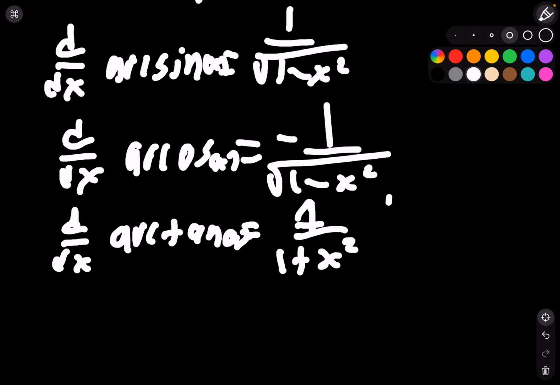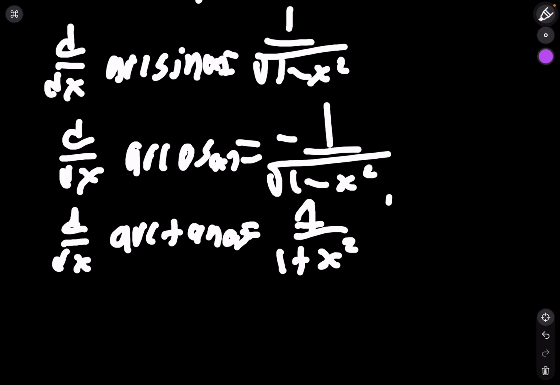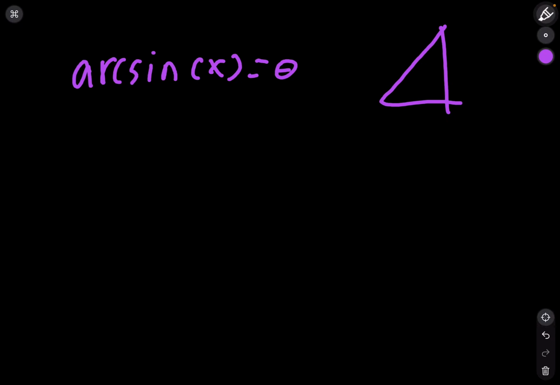But today on the bus, I was just thinking about the little right triangles. I was just thinking about arcsine, essentially. Arcsine of x specifically is equal to theta. I was thinking about the relationship between that theta and how you can get the different sides of the right triangle, because you'll get sine theta is equal to x.